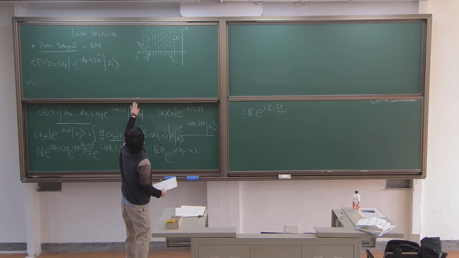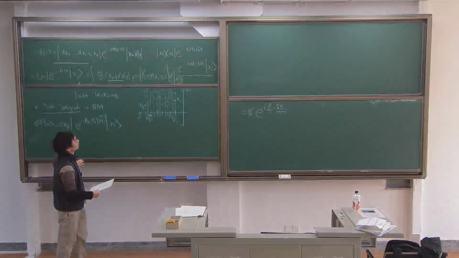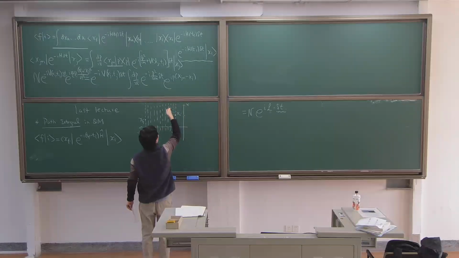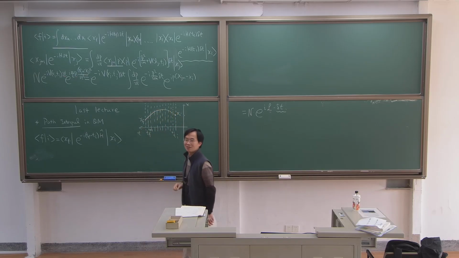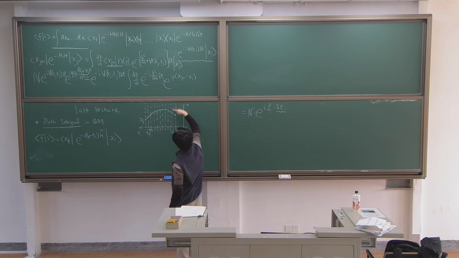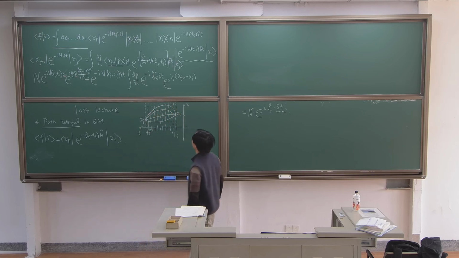Before you take the integral over all these x, you just get some action for some particular path. Now you take the integral over all these x. Then it's equivalent to saying you sum over all the paths. For each path, you address it by the action.